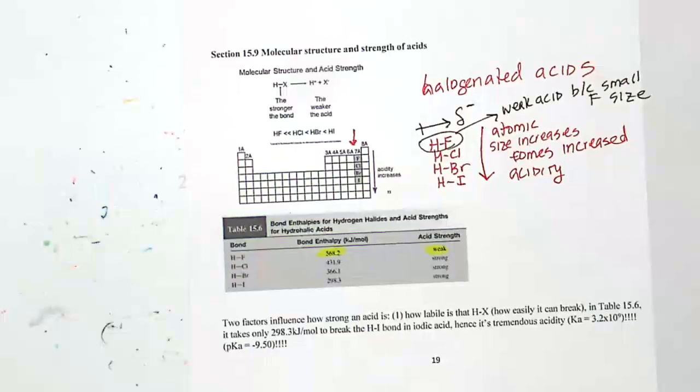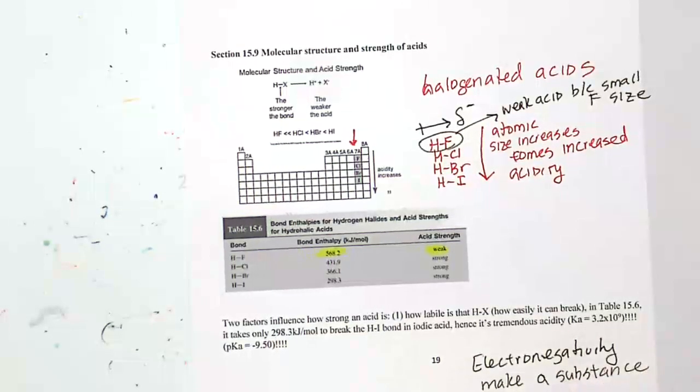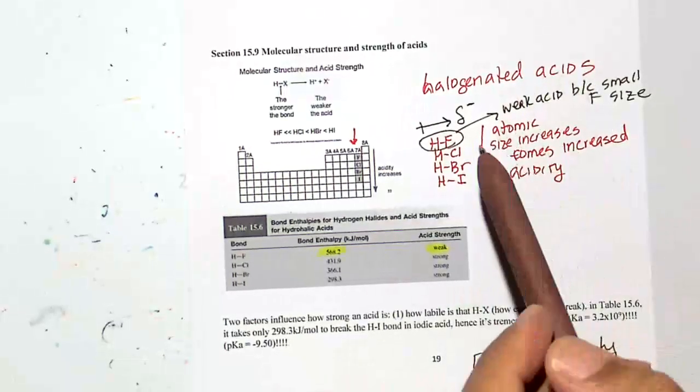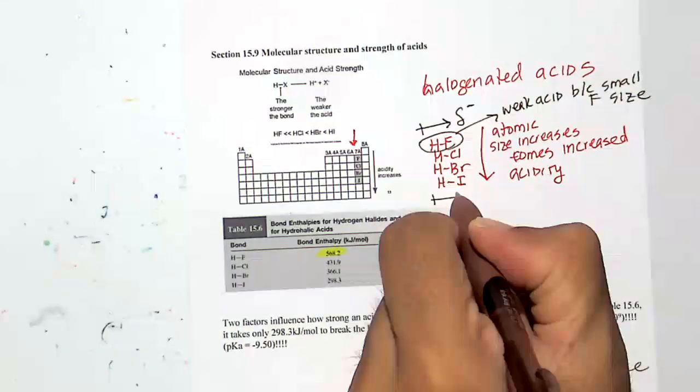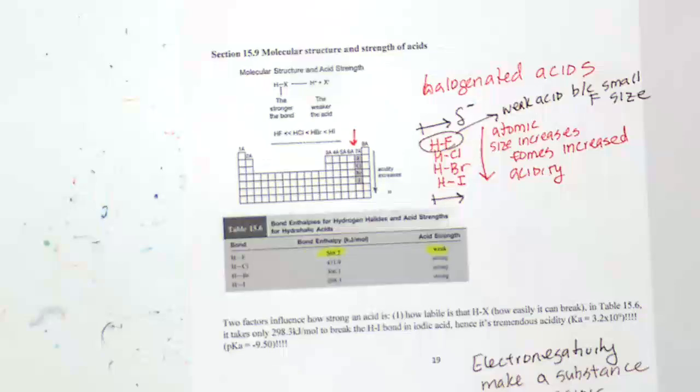And the final thing I want to tell you guys is that electronegativity will make a substance more acidic. Okay, fluorine is electronegative. Chlorine is electronegative. Bromine, iodine are electronegative, so they pull.